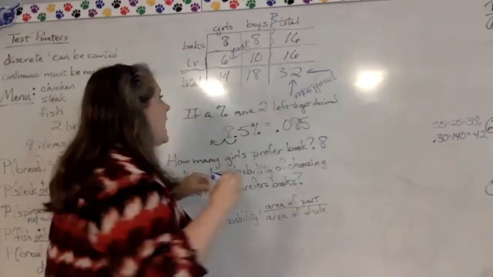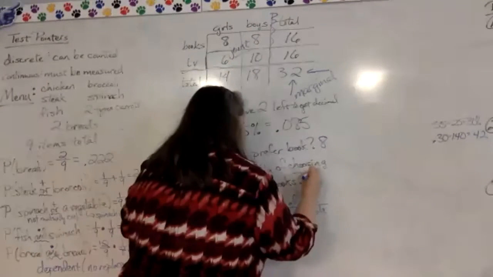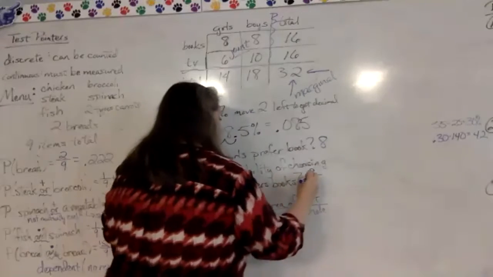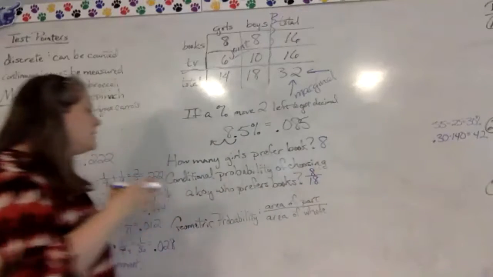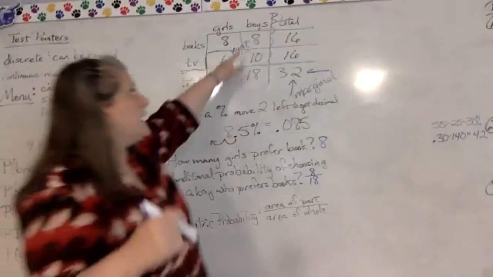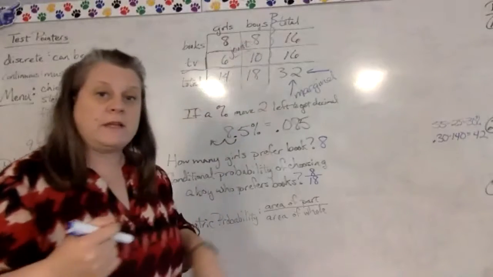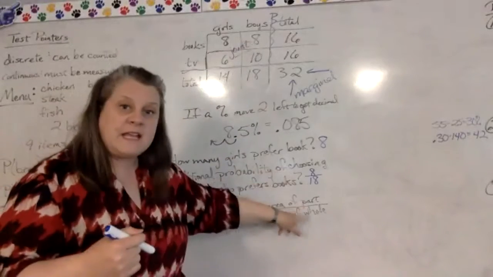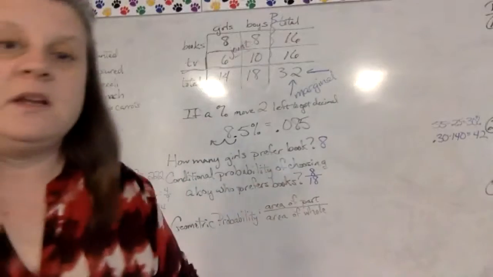How many boys were there total? 18. So if I want to know the probability of choosing a boy who prefers books, that would be 8 out of the 18 boys. So I have 8 over 18, and then I simplify that.